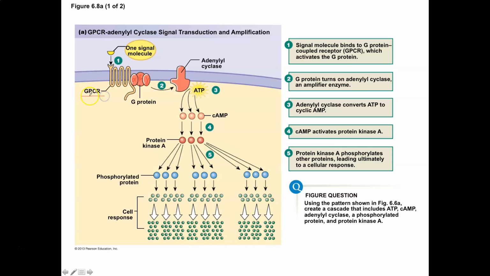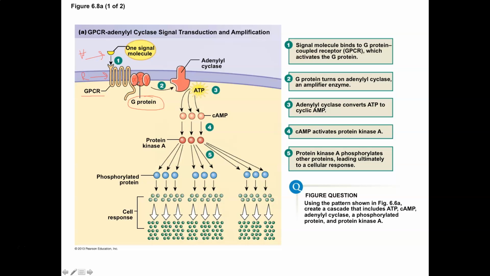So GPCR stands for G protein coupled receptor. So what we have here is a receptor, which is interacting with a hormone. So a hormone's going to bind to the receptor, and it's going to go through an activation of a G protein. And the G protein, again, is made up of subunits, alpha, beta, and gamma.